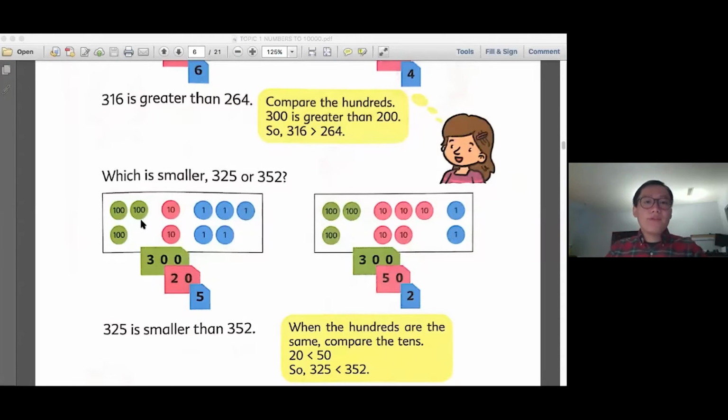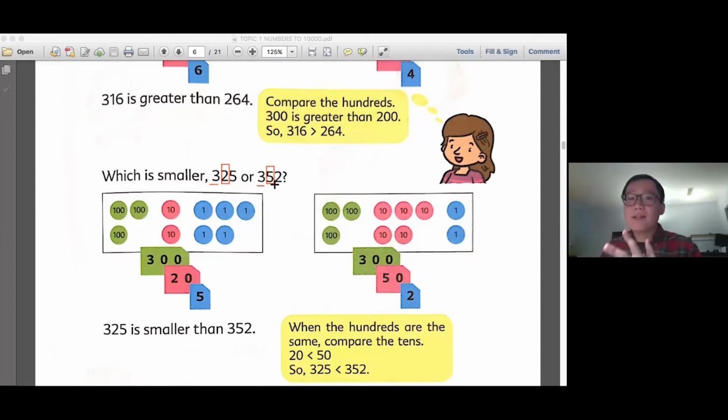Okay, now if we were to compare 325 and 352, we still compare the first digit, right? The first digit is 3 in both numbers. When the first digit is the same, we move on to the next place. So now we compare 2 in the tens place versus 5 in the tens place.